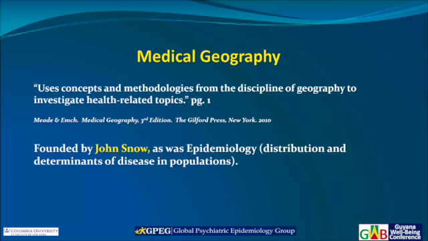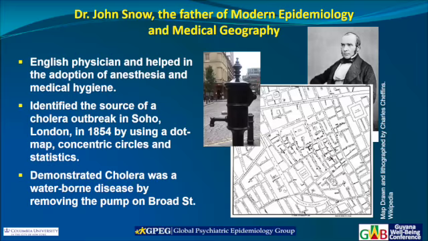Founded by Jon Snow. No, this is not an HBO Game of Thrones reference. Jon Snow, the real Jon Snow, was also the founding father of modern epidemiology, where they look for the distribution and determinants of disease in populations and across time. This is way before computers were even around, right? This is 1854, cholera in London.